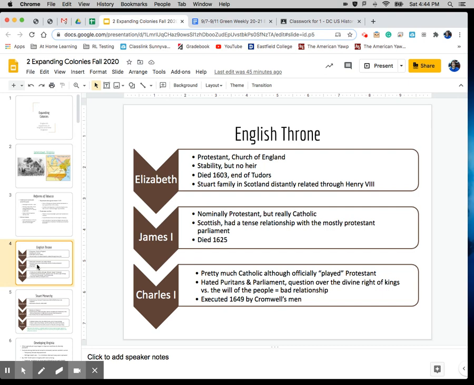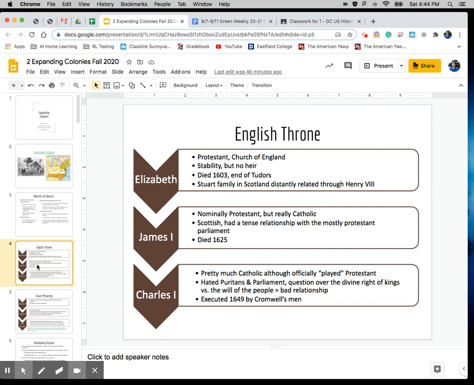And a little interesting side note, James I is big about witch hunting, right? So if you think about the Salem witchcraft trials, part of the origin of that is that the Stuarts were particularly paranoid, I guess is the word to say, about witchcraft, right? I have to find a podcast about that because it's really interesting.